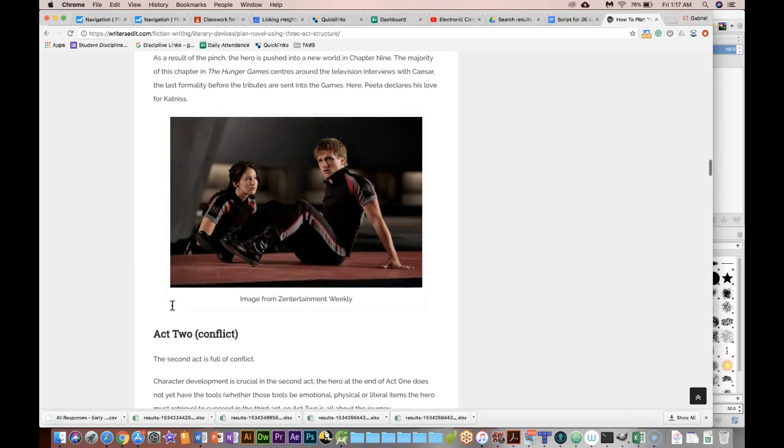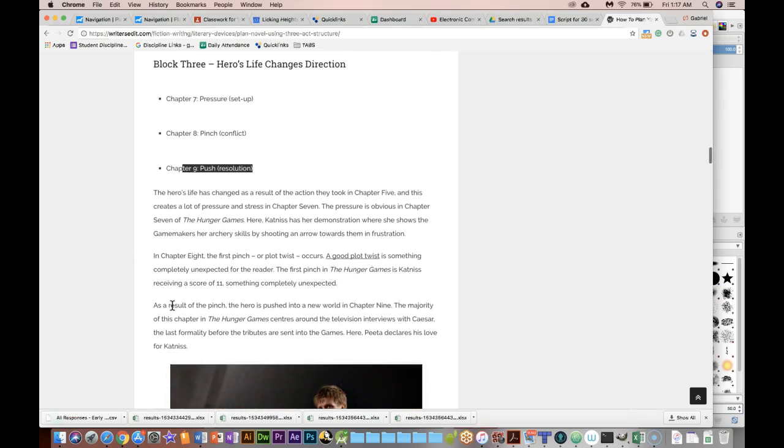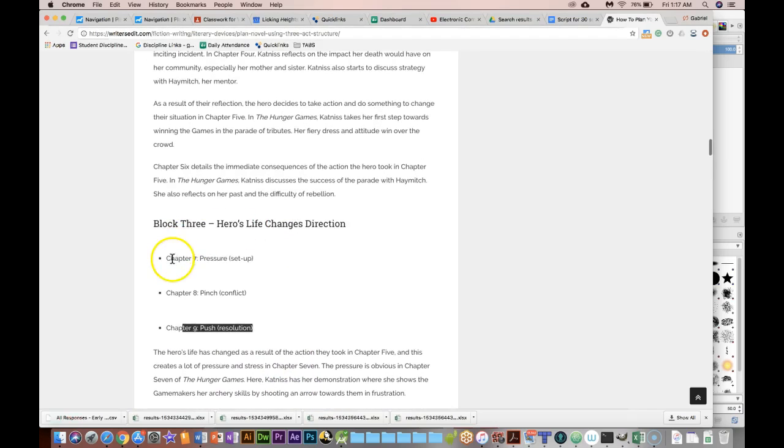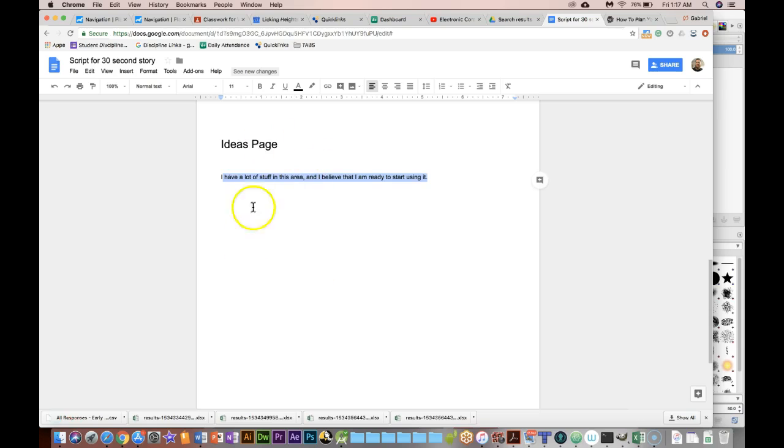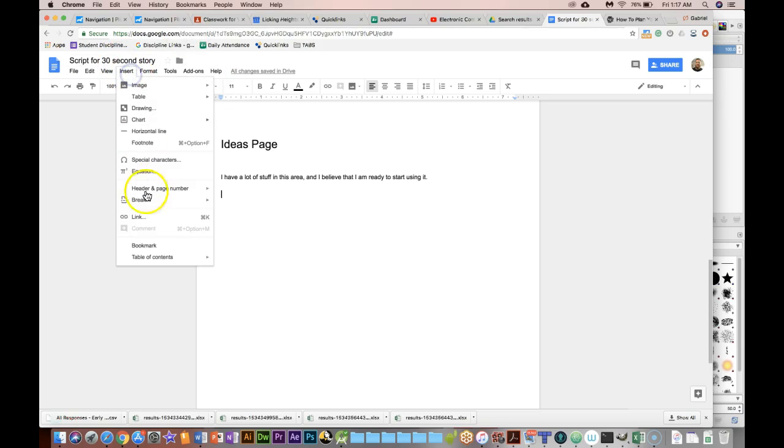So now we have an idea of the different sections that we can define for our story. We have all of our ideas page. What we need to do is go to the very end of our ideas page and insert another page break.